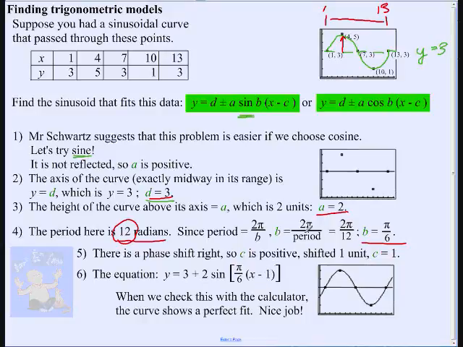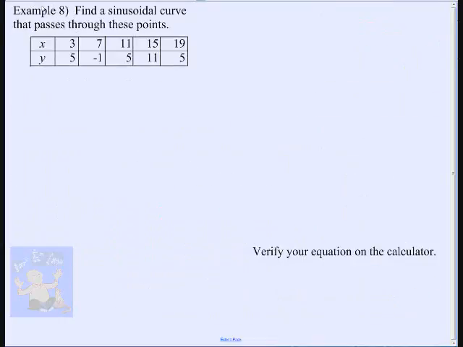I didn't talk about the phase shift, but in a parent graph it would start right here at 0. This has been shifted to the right 1 unit, so the phase shift is 1. Now this should be checked with a calculator, and when you do, you will see a curve that looks just like this. Let's try another one.